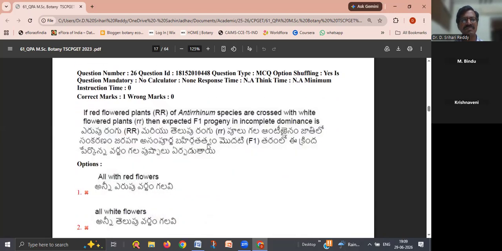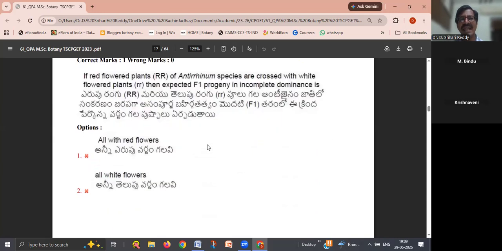And next, if red flowered plants of Antirrhinum species are crossed with white flowered plants, then what is the expected F1 progeny in incomplete dominance? So this question is related to incomplete dominance. Okay, here there are two parents: capital R, that is the homozygous dominant, and the next parent is small r, that is the recessive homozygous parent.